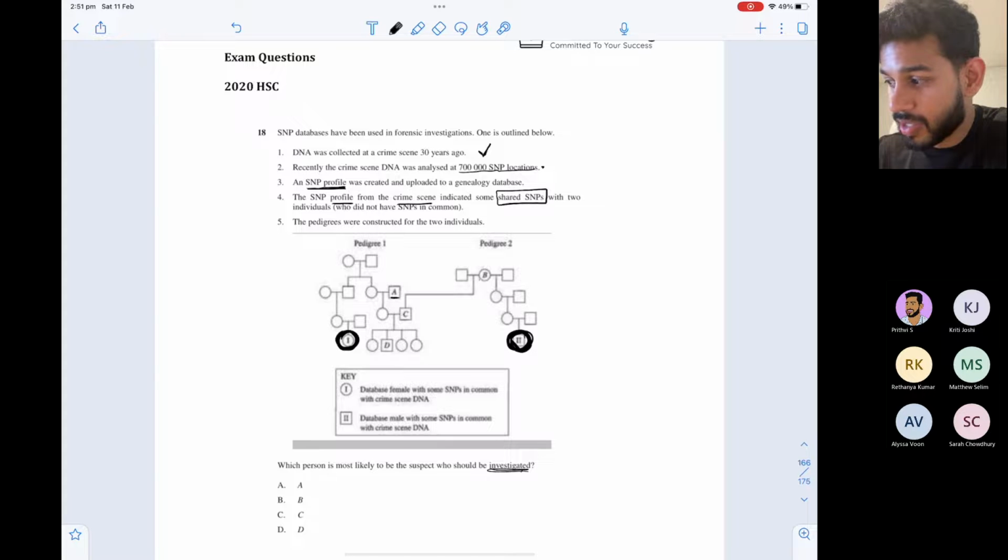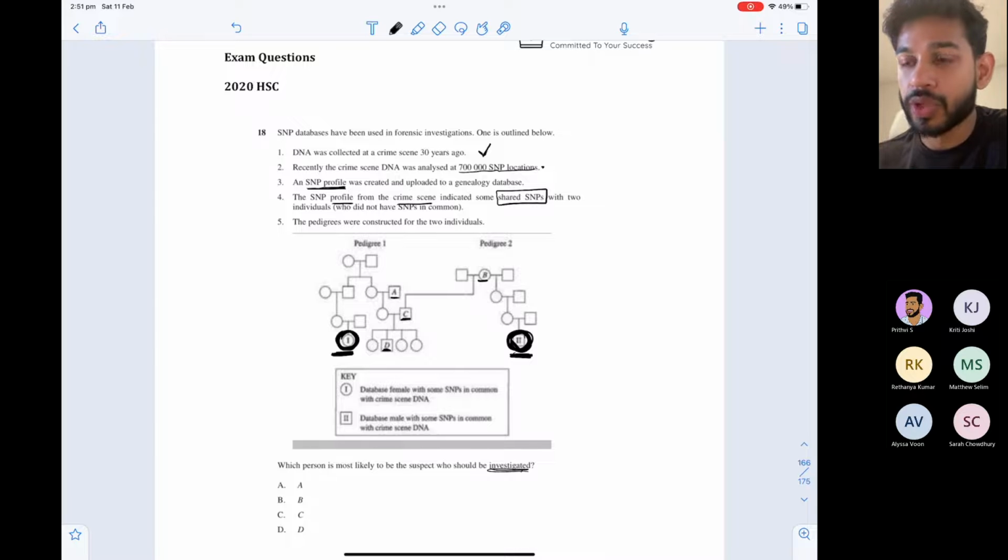There's A, B, C, and D, right? There's a crime scene. We've collected SNPs, and we found that person 1 and 2 have DNA in common with the suspect. So you need to ask yourself, out of these 4 people, who has DNA that would be in common with both person 1 and with person 2? That's what this question's asking you.